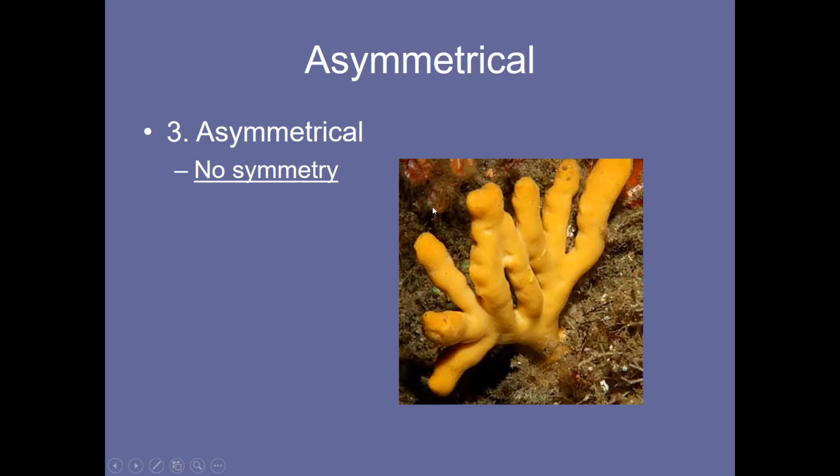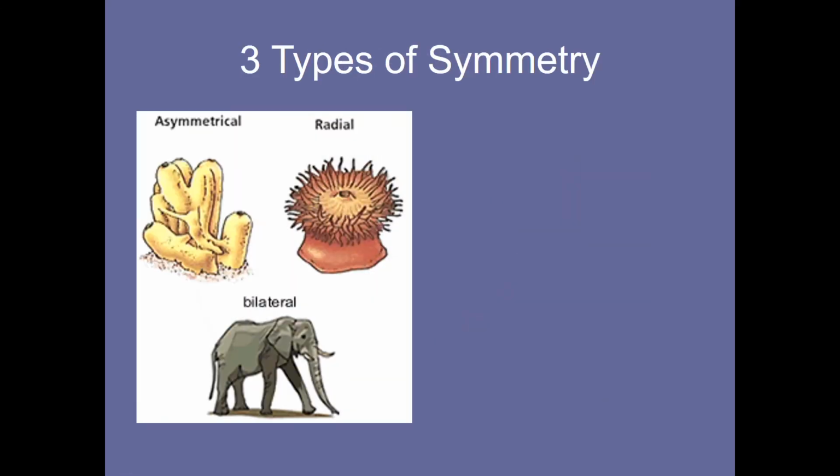Then you have asymmetrical. Corals, which are animals, they are invertebrates, are asymmetrical. So there's your bilateral symmetry, your radial symmetry, and your asymmetrical. That's a sea anemone, an elephant, and another piece of coral.